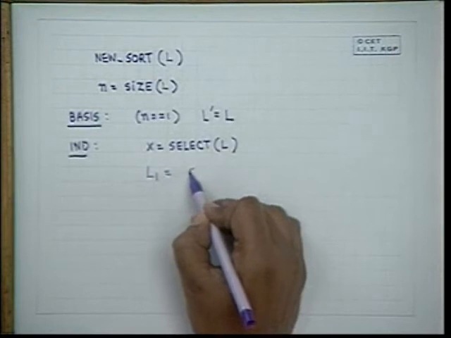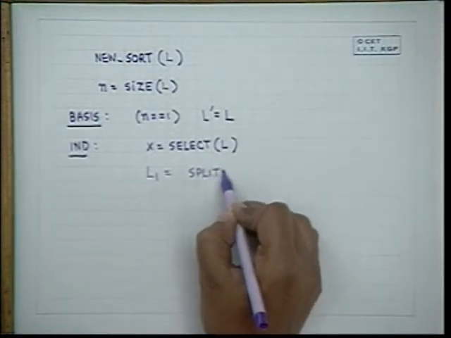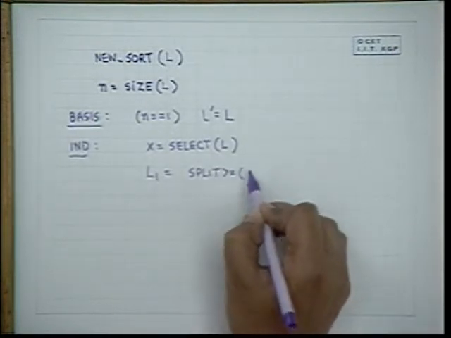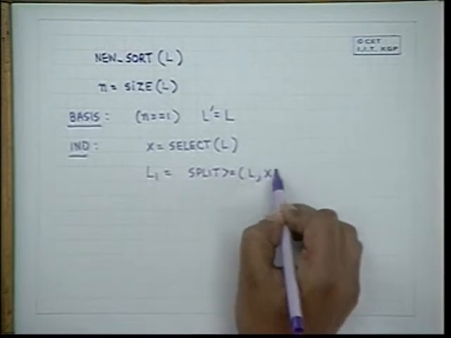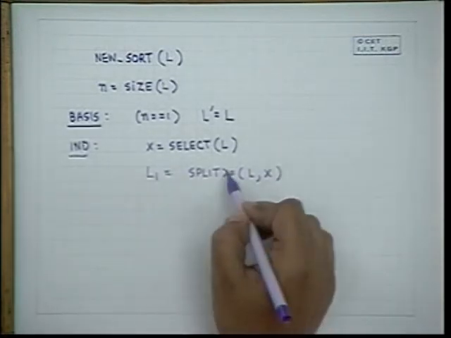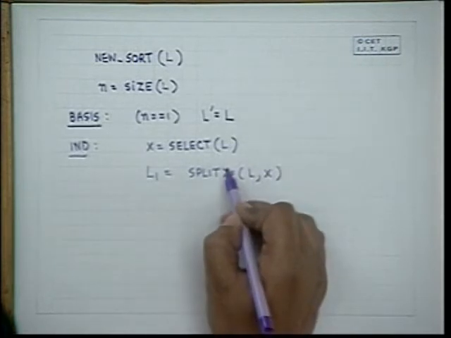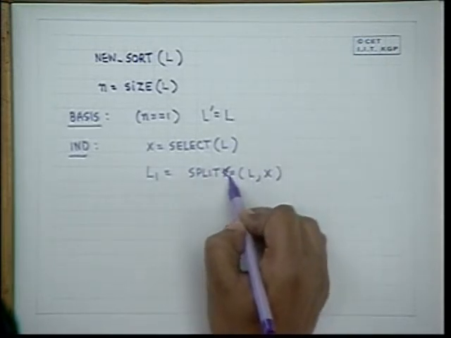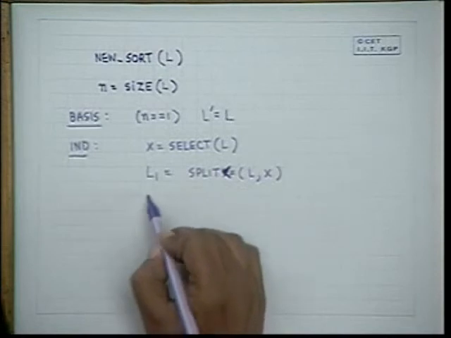L1 is equal to split greater than equal to in L x, or less than equal to, whatever we did, less than equal to, so we'll keep what we did.